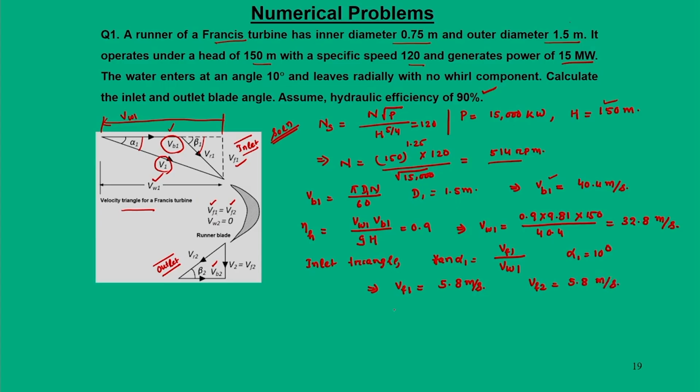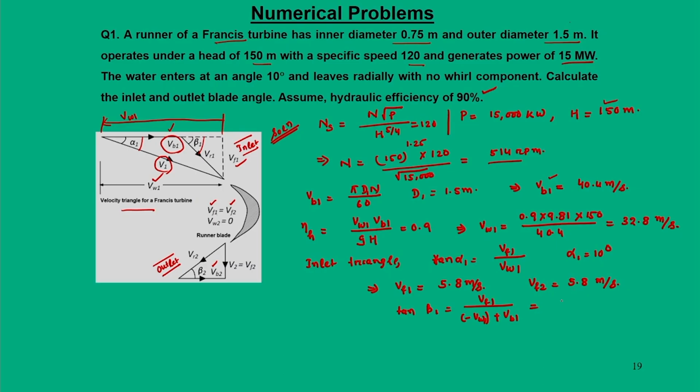Another expression we can write, which is tan beta 1 equals Vf1 by minus Vw1 plus Vb1, because it is negative. Vw1 is in opposite direction of Vb1.